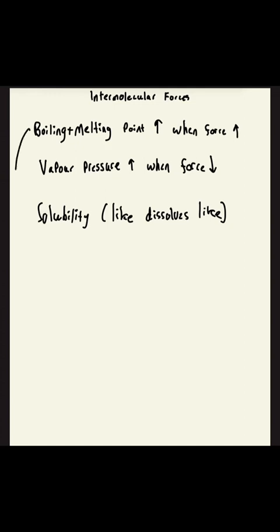And that makes sense if you think about it, because if we have only dispersion forces, so let's have a look at ethane, there's only dispersion forces occurring in this molecule, which means that if we have multiple versions of these molecules, they're not going to be held together very tightly because, remember, it only has those temporary dipoles and they're not very strong. So it's easier to pull those molecules apart and boil or melt those molecules.